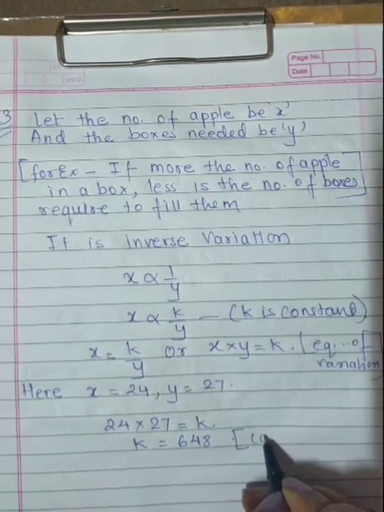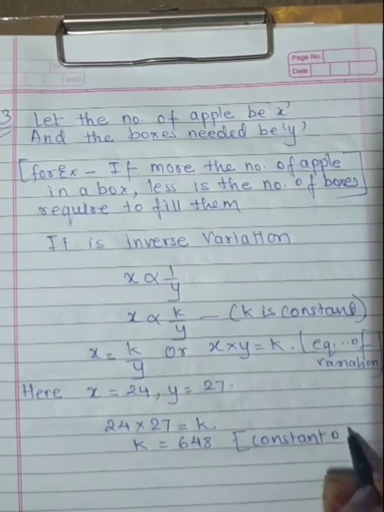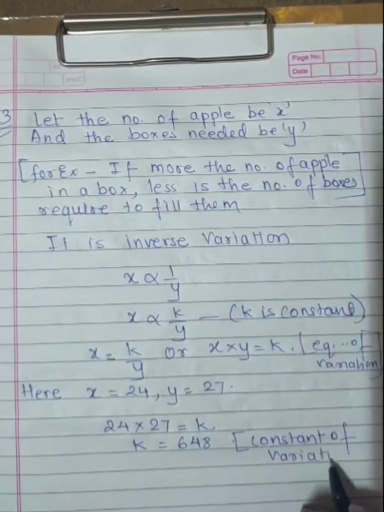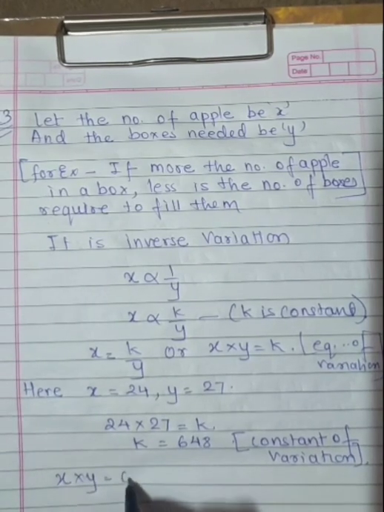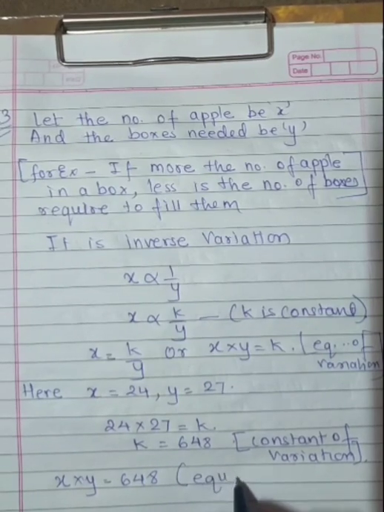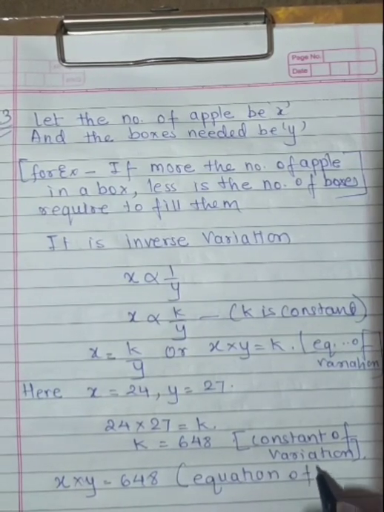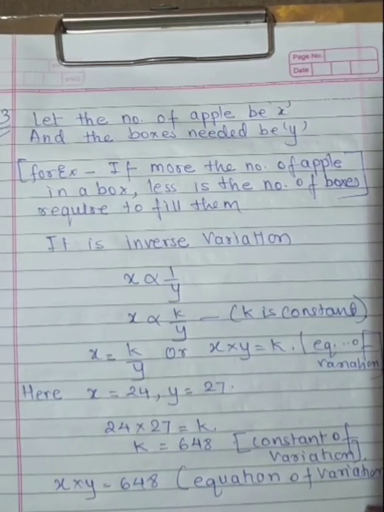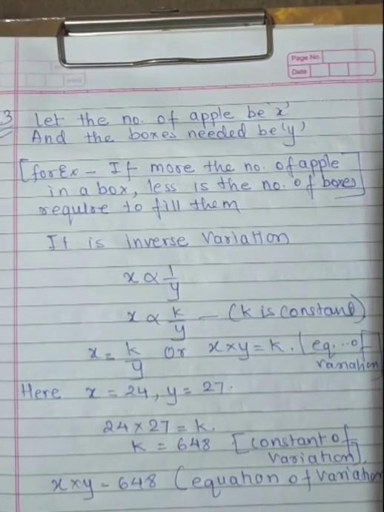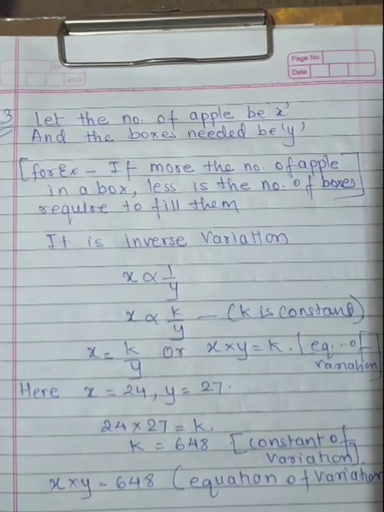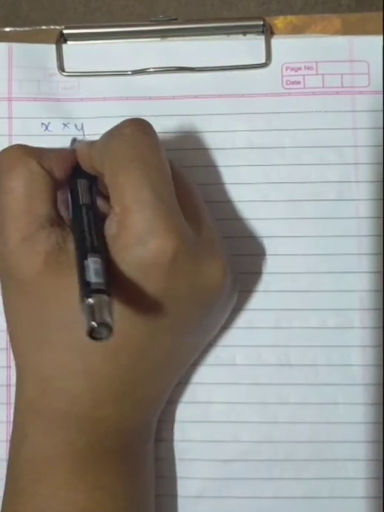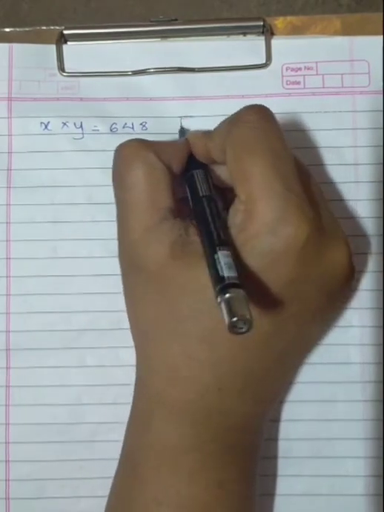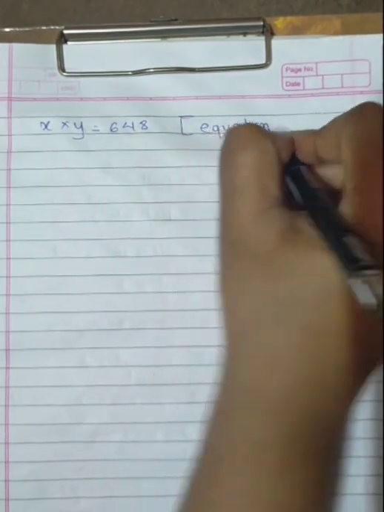It's the constant of variation. So x into y equal to 648. It's the equation of variation.